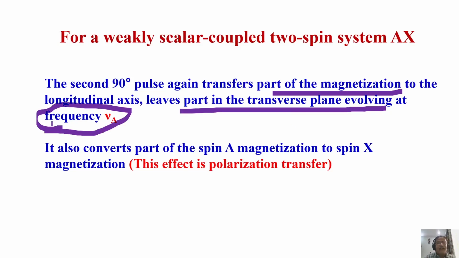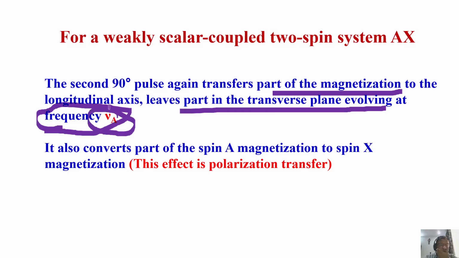Spin A is evolving under the influence of chemical shift, magnetic field inhomogeneity, scalar coupling, everything. The second 90-degree pulse transfers part of this back to the Z axis, the longitudinal axis, and leaves part of the magnetization in the same transverse plane. Their precession frequency is still nu A.